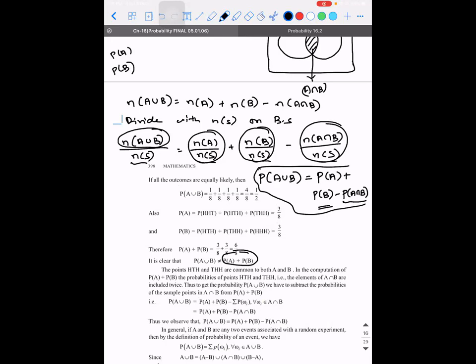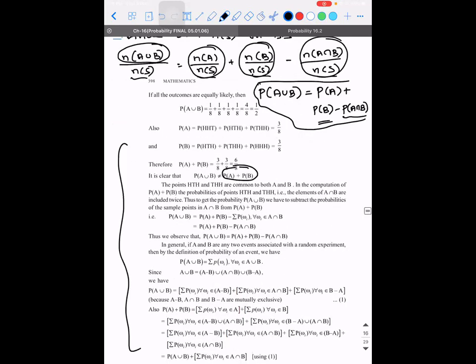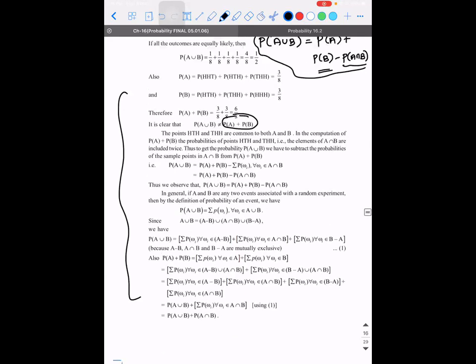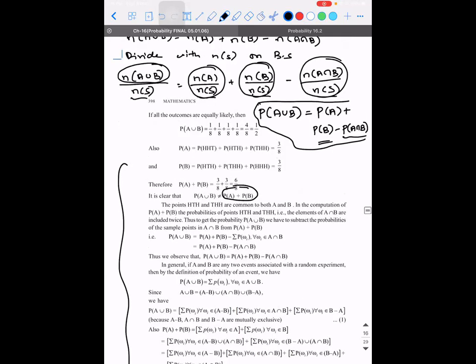Most of the problems that we are going to solve will be based on this theorem only. So that's what this whole story is. Am I clear, guys?